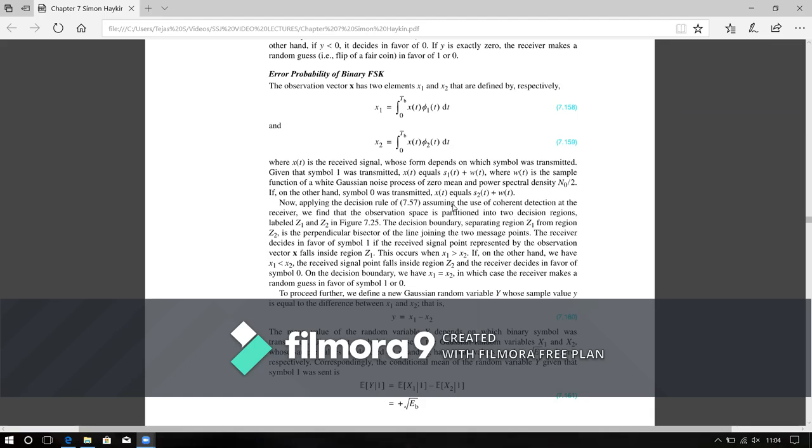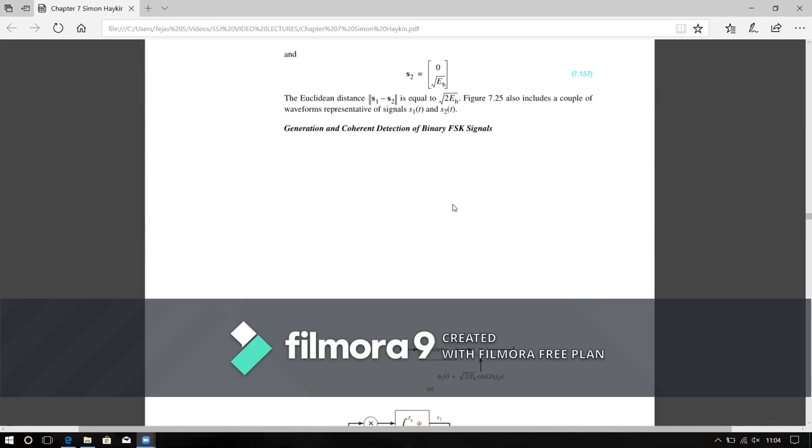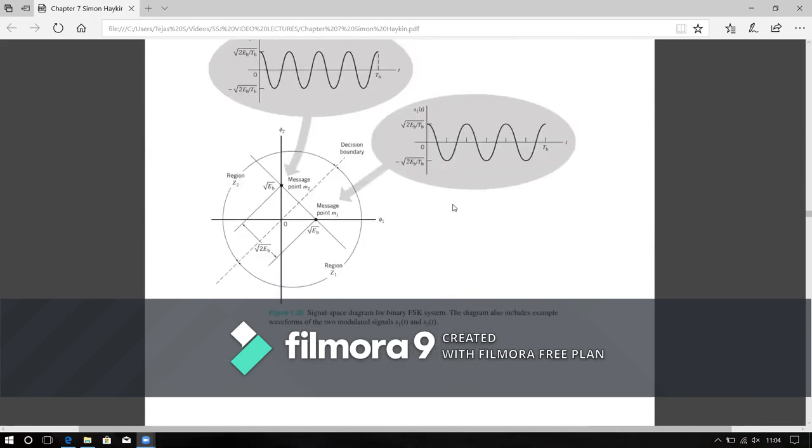Now with reference to the signal space diagram, let me go back to it. We have region Z1 here and region Z2 here. If the received signal point represented by the observation vector x falls inside the region Z1, then the decision is taken in favor of symbol 1.